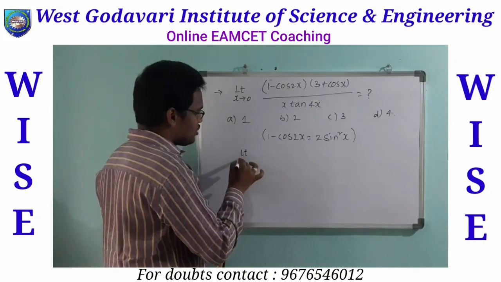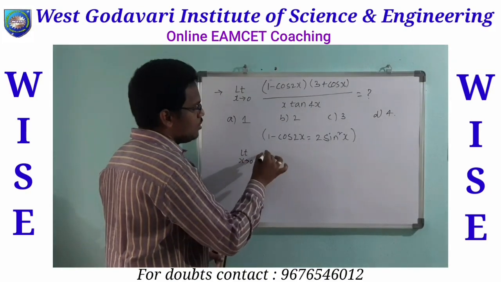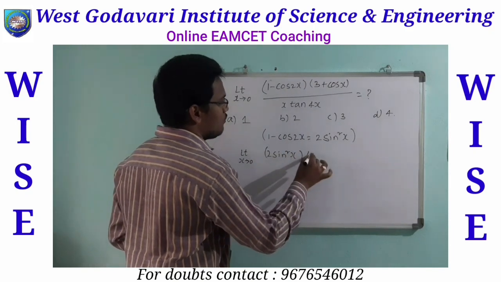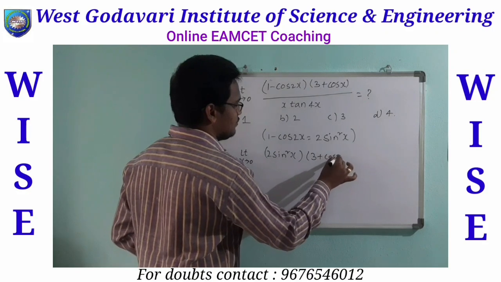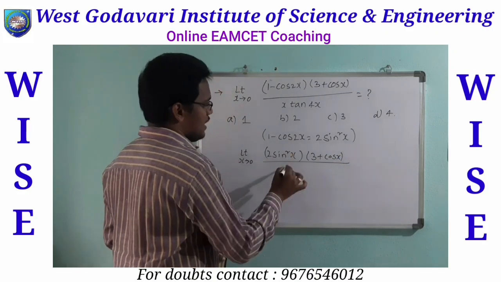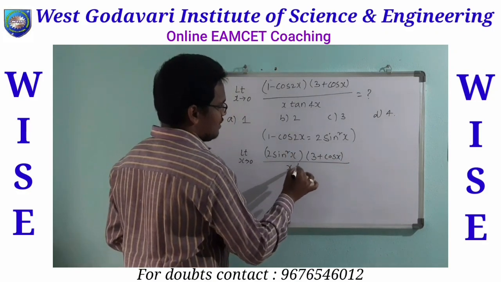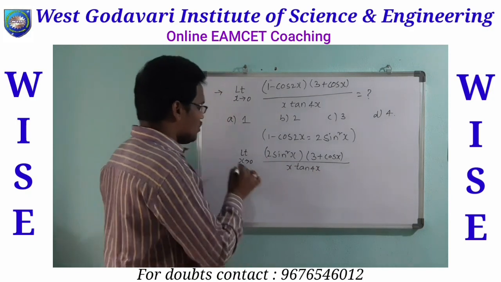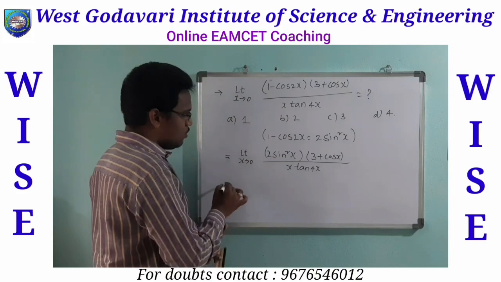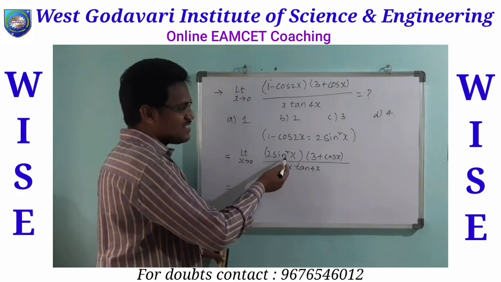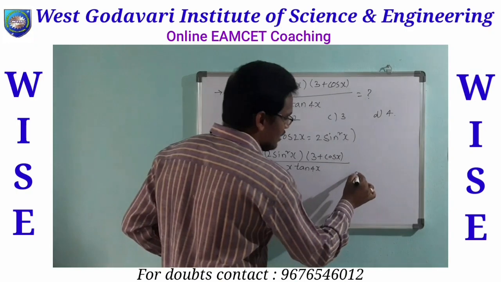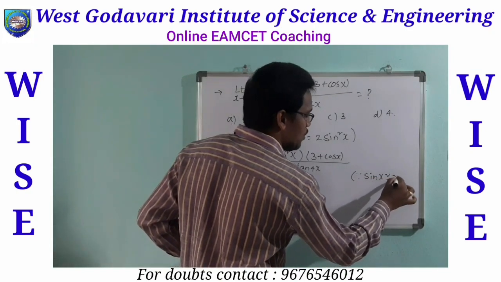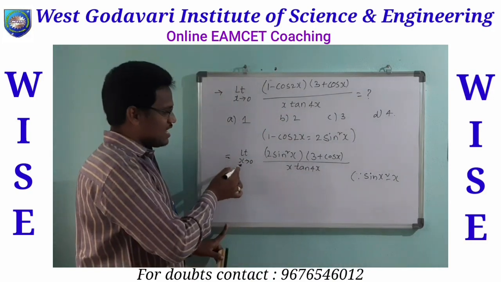So limit x tends to 0, 2 sin square x of 3 plus cos x by x tan 4x. Now we know sin square x. We already discussed the properties. Sin x is approximately equal to x whenever x tends to 0.